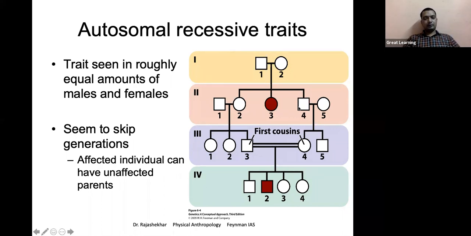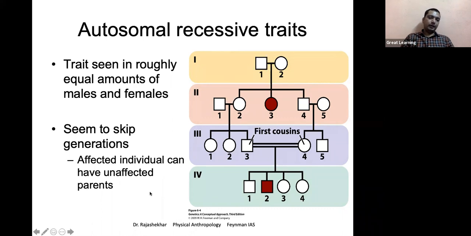So this person, let's say, is a carrier. If the other person he married also carries the problem, there is a possibility of the homozygous condition. Otherwise, recessive diseases tend to skip generations, especially autosomal disease.